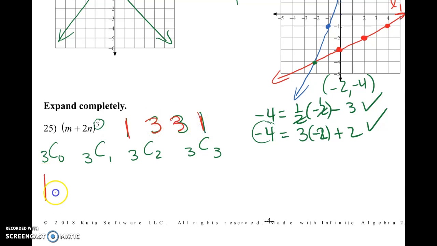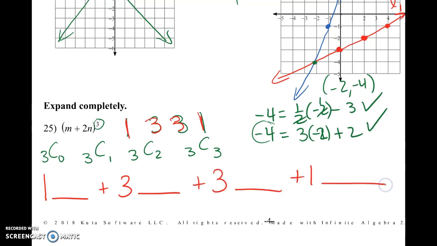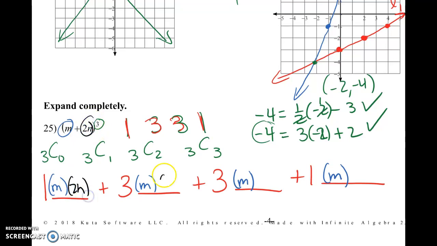Okay, so I'm going to have 1 times something, plus 3 times something, plus 3 times something, plus 1 times something. We're going to put each of our terms here, so m, m, m, and m. And we're going to put our next term, we have 2n, 2n, 2n, 2n, and 2n.